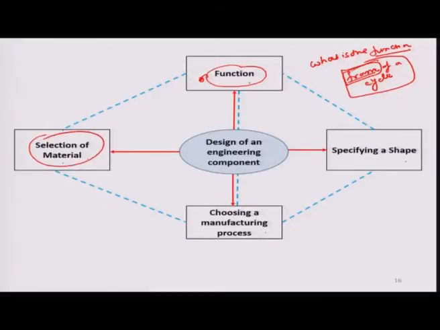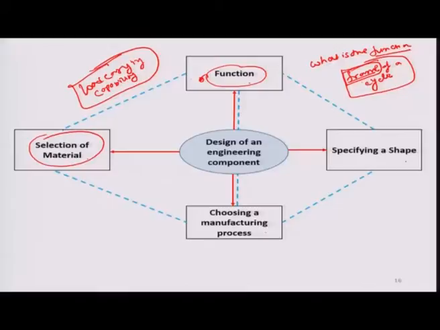The function of that frame will influence the selection of material. We know that the frame of any cycle carries the load of a person or anything. So we have to keep in mind the load carrying capability. That is the main function of your object.